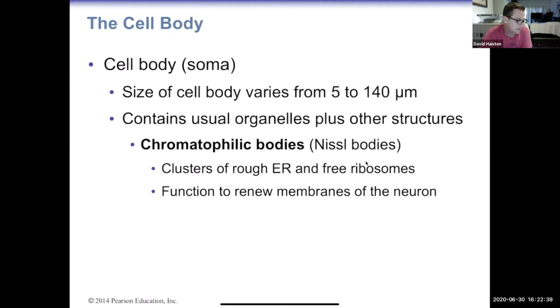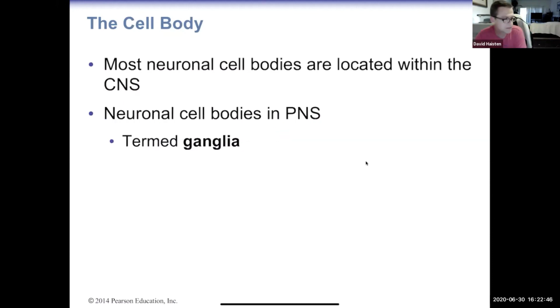Oh, this junk. We don't need all the different structures in them. Who cares? Okay. So like I told you, most neuronal cell bodies are located within the central nervous system. Any neuronal cell bodies outside of the central nervous system are called ganglia. That's plural.